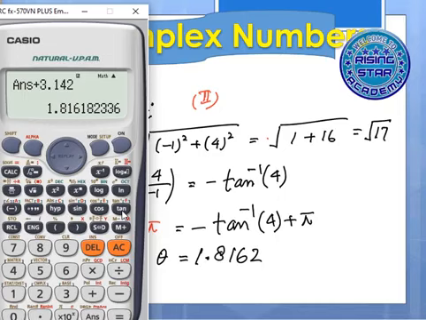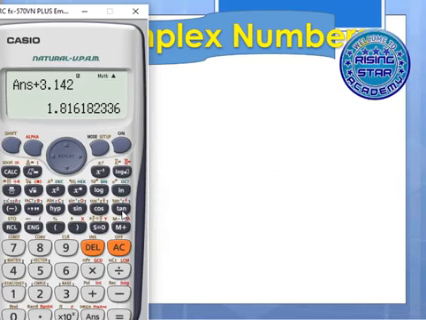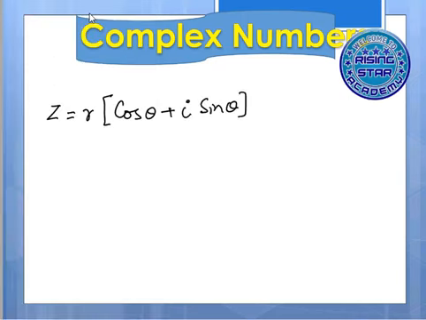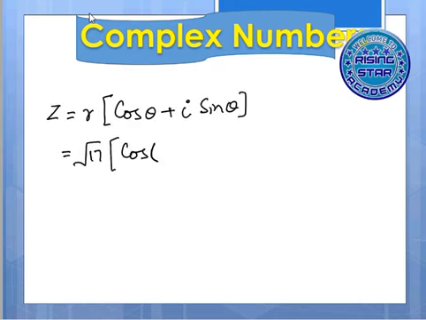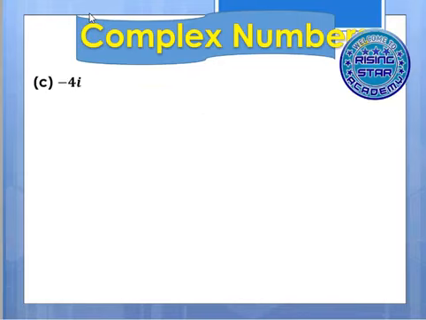So we will write z equals r times cos theta plus iota sine theta. So the value of r is square root of 17. Then cos of theta, the theta value is 1.8162 plus iota sine.